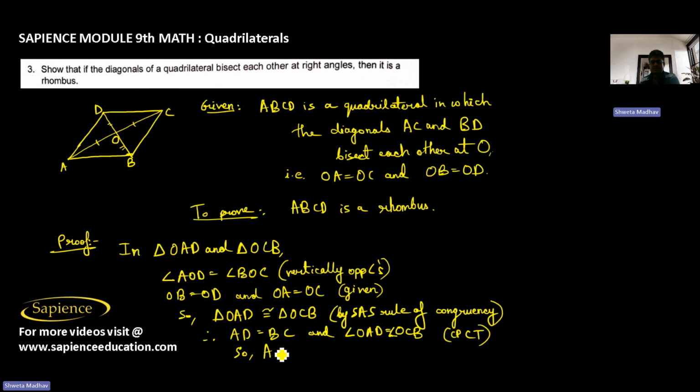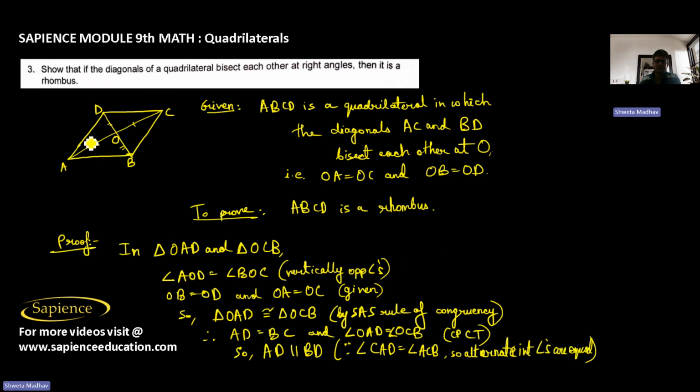So therefore AD is parallel to BC also, since alternate interior angles are equal, that is angle CAD equals angle ACB.